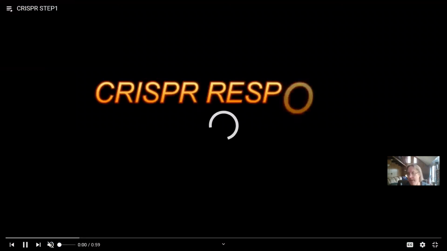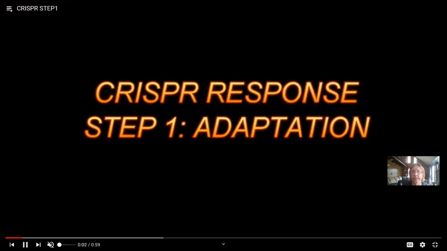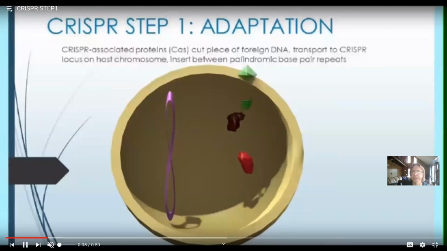The steps of how bacteria use it: in the first step, they cut the foreign DNA, say from a virus, and attach it to specific proteins. So they're recognizing, here's a problem, we need to be able to recognize this in the future. Then these proteins insert this into the host chromosome.